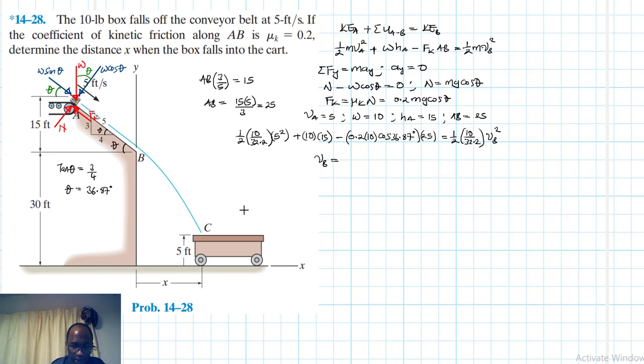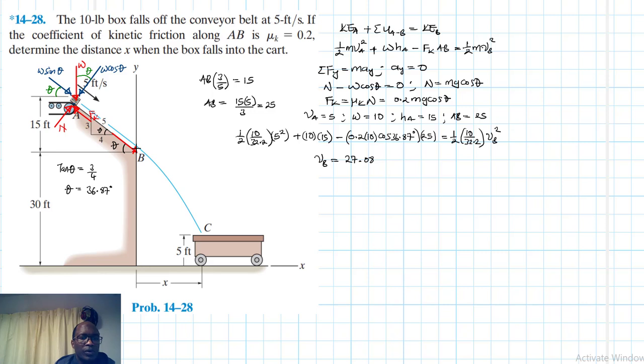Then square root of that, we have 27.08. Alright, so this is our velocity here.